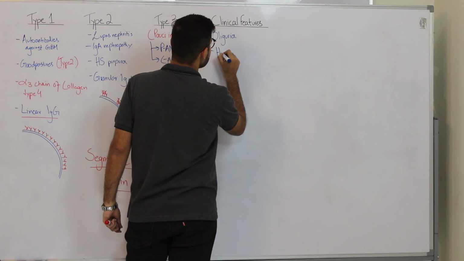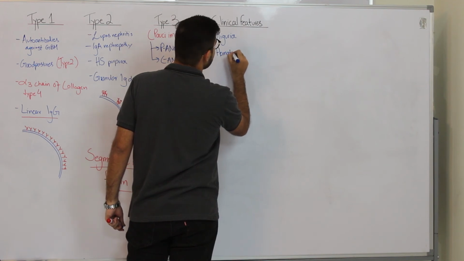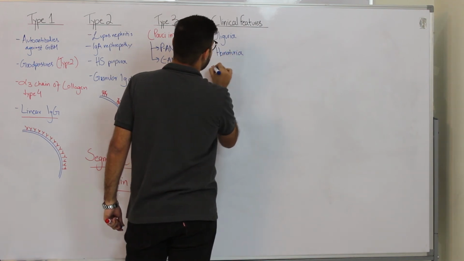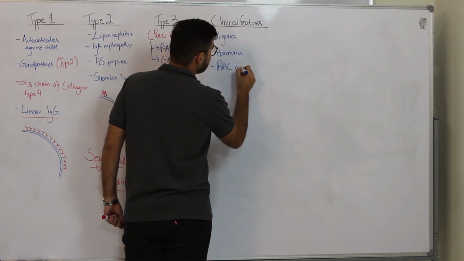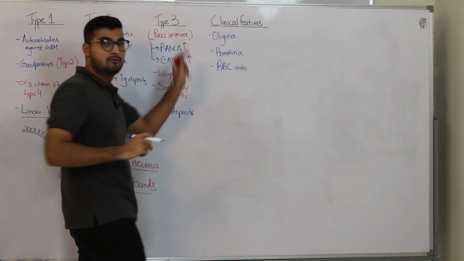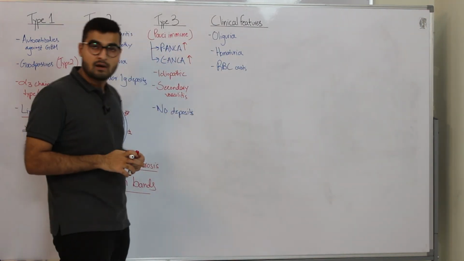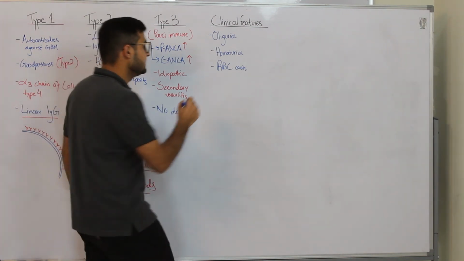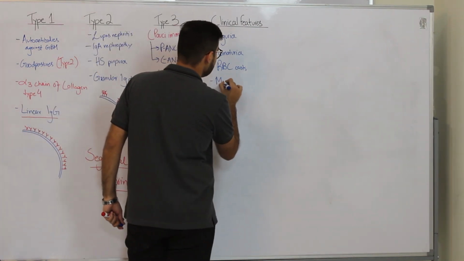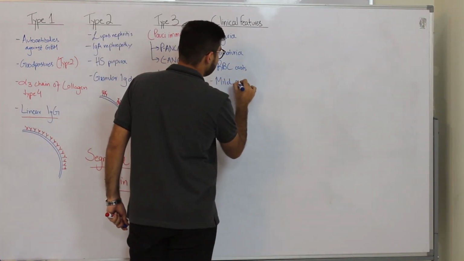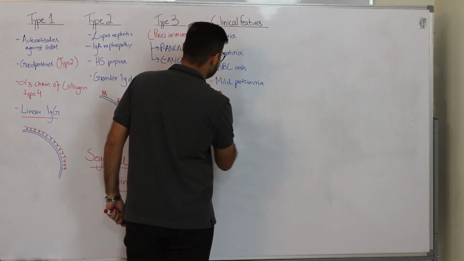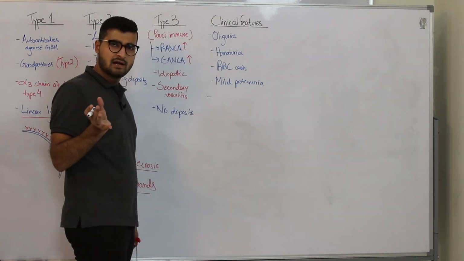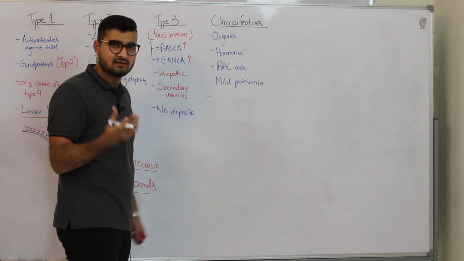Secondly, you have hematuria in nephritic syndrome. You don't have that in nephrotic. Apart from that, you will see RBC casts present in the urine of a patient with nephritic syndrome. Apart from RBC casts, you will also see mild proteinuria. And due to mild proteinuria, you will see periorbital edema, puffiness in the face.